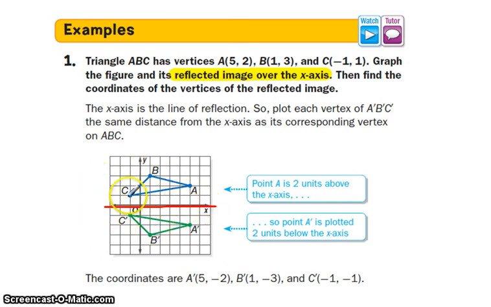And again, this is more of a visual thing, all you have to do is count. Point C is 1 unit away from the line, which means C prime has to be 1 unit away from the line. Same thing with B. Point B is 1, 2, 3 units away from the line, which means B prime has to be 1, 2, 3 units away from the line. Okay?